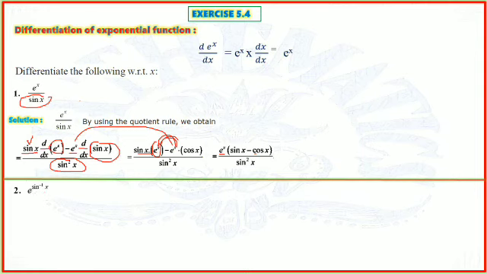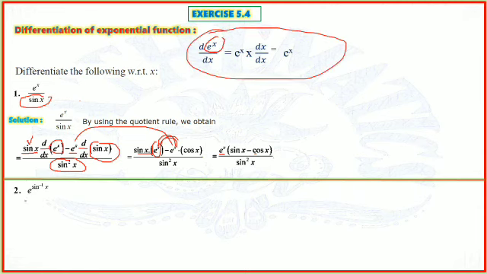Question number 2, exponential sine inverse x. Now the question is like that, only this particular formula that we learned in the beginning. The whole exponential you have to consider in the beginning as e to the power x. So first of all you differentiate the exponential function, that is as it is, and then its power later. And if the power has a coefficient or something like that, then we will move towards the third step also.